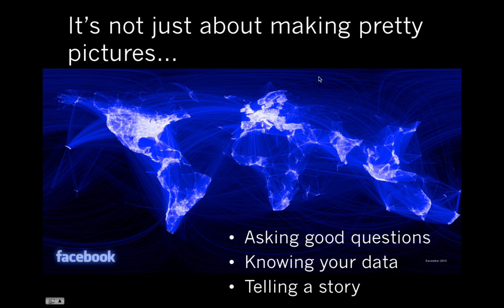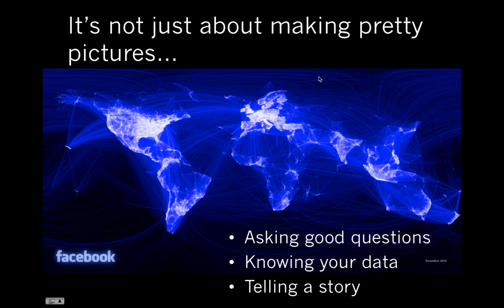This is an information visualization created by the Facebook Data Science Group, where they try to visualize Facebook friendships and where they live. In order to tell a story, we need to ask good questions that guide our inquiry. And we really need to know our data, because otherwise we can't create meaningful visualizations.